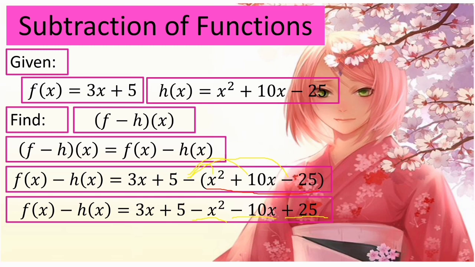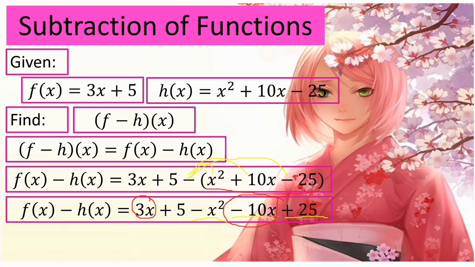Then, combine like terms. Saan dito yung mga i-combine natin? I-combine natin yung 3x tsaka yung negative 10x. Bakit hindi kasama yung negative x squared? Pareha silang may x.